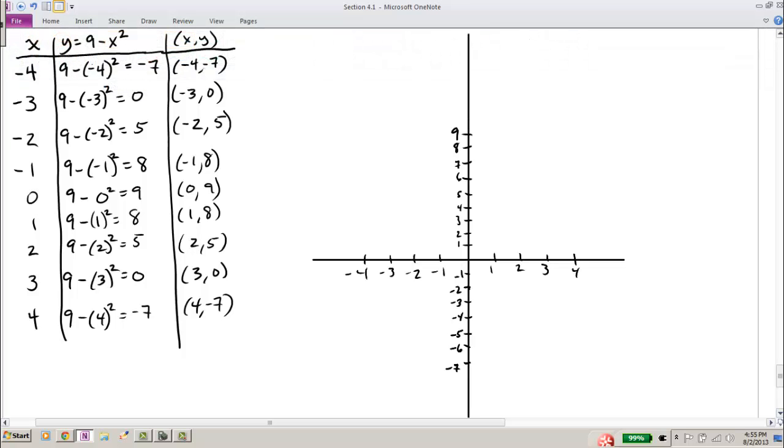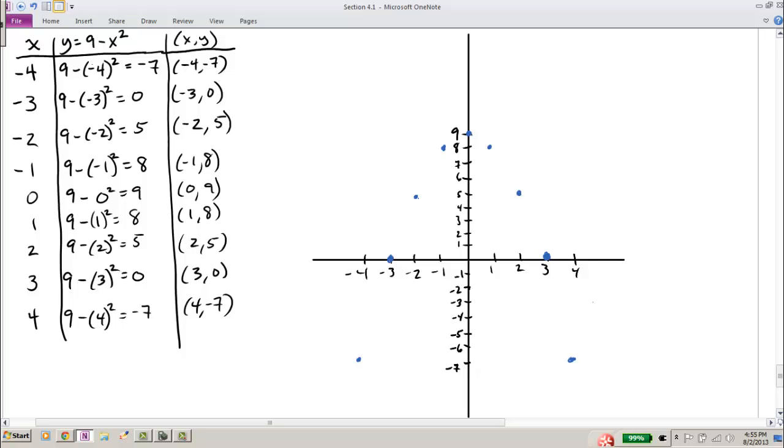So we've got negative 4, negative 7, negative 3, 0, negative 2, positive 5, negative 1, 8, 0, 9, 1, 8, 2, 5, 3, 0, and 4, negative 7.